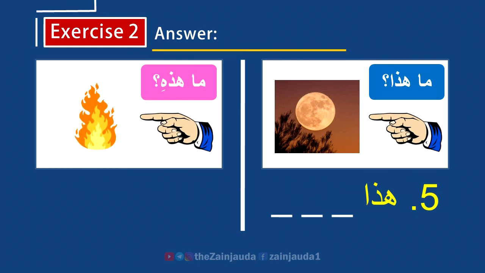And number 6. ما هذه. Please try to do these exercises and leave the answers in the comments so that I can check whether you got the information or not.